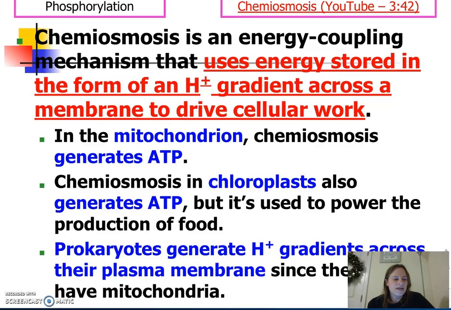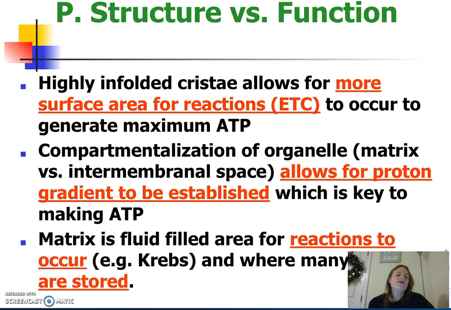Because ADP gets phosphorylated through NADH and FADH2 being oxidized. Because when they're oxidized, that sets up a proton gradient, which then provides the proton motive force that drives the phosphorylation of the ATP.